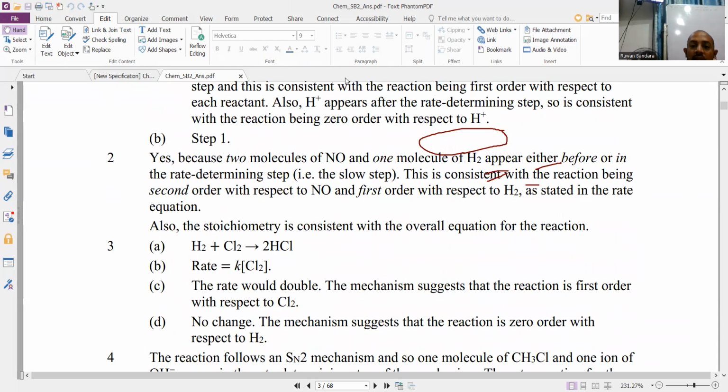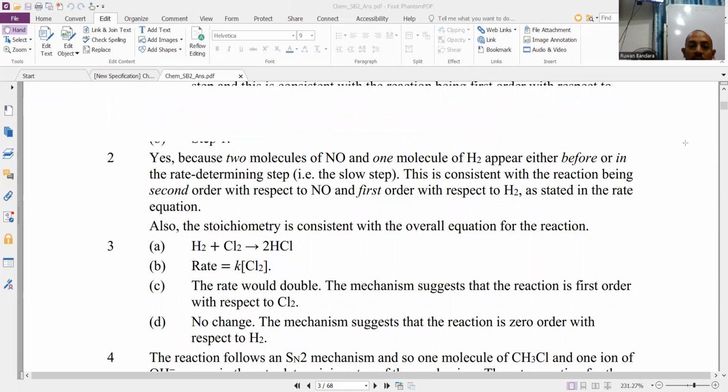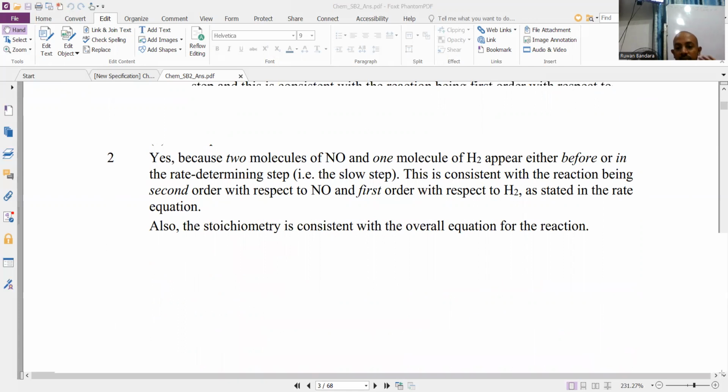This part only. Here is the answer. But always try to write the answer in your own words.